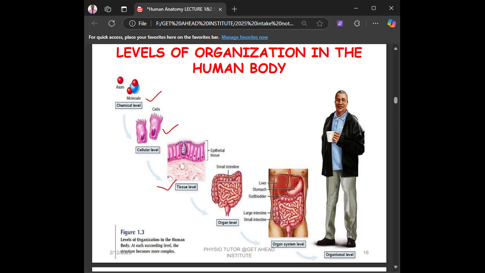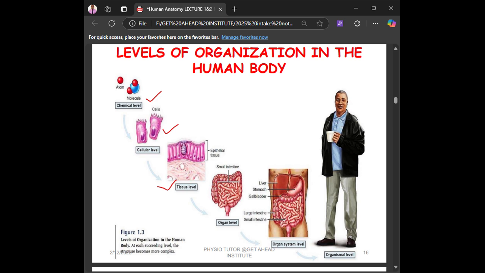So we have what we call connective tissue, which basically protects, supports, and interconnects body parts and organs.